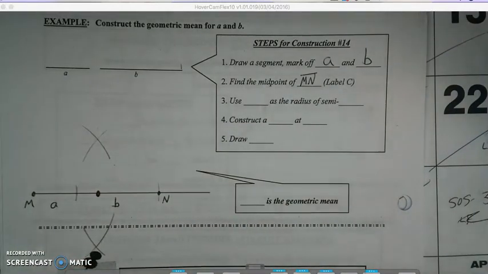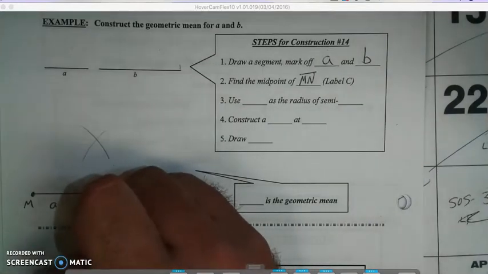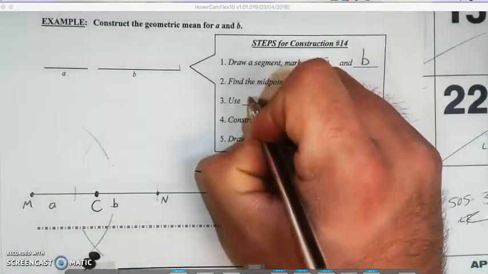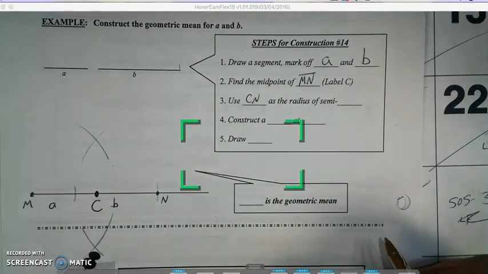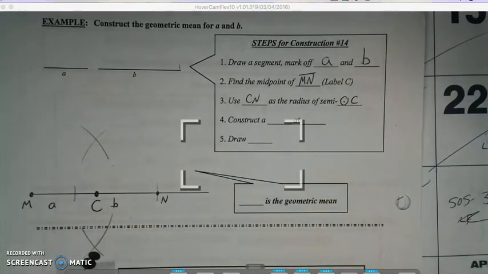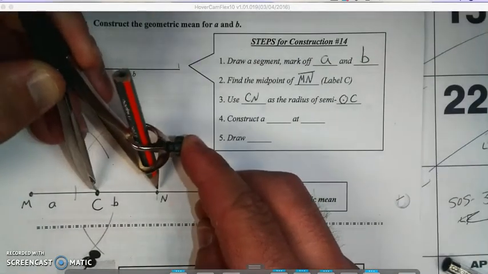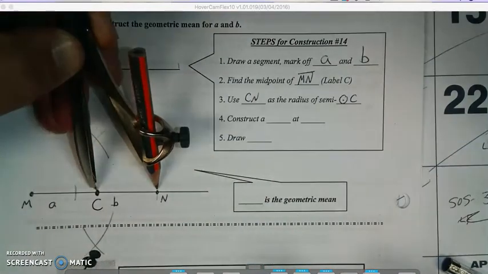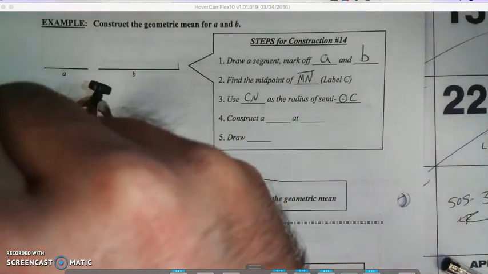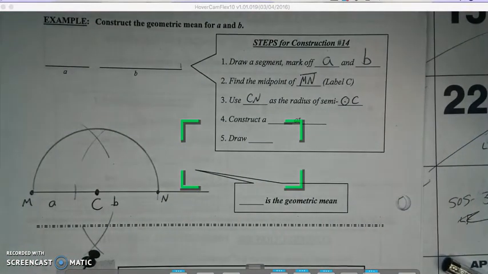We're going to call the midpoint C. So C is our midpoint, and we're going to use C to N as the radius of the semicircle of circle C. So now you open up from C to N. Right there, C to N, and you're going to draw a semicircle around. Like that. So we now have our semicircle.